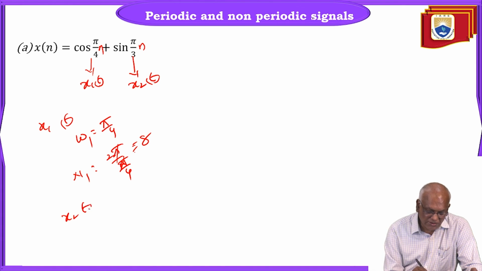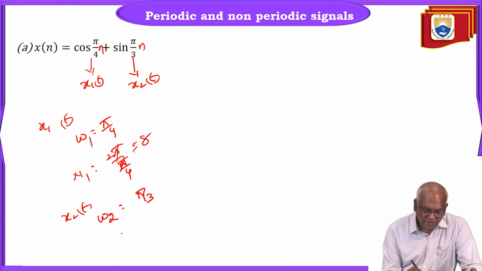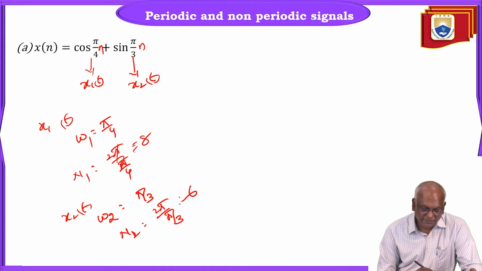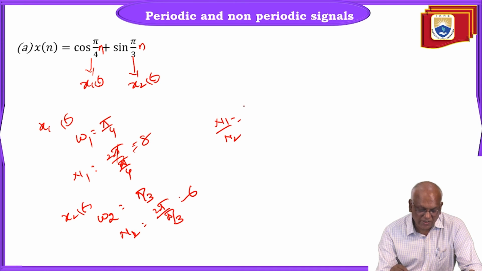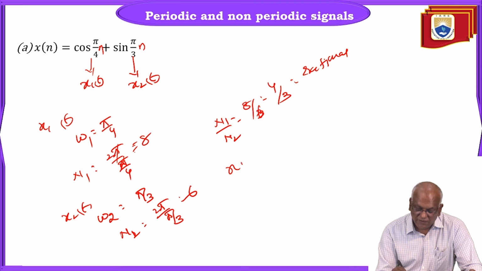Similarly, for the x2 signal, omega 2 is given by pi by 3 and N2 is given by 2 pi by pi by 3, which is nothing but 6. So I want to find N1 by N2. N1 by N2 becomes 8 by 6, which is 4 by 3. That means it is a rational number. So x of n is a periodic signal.